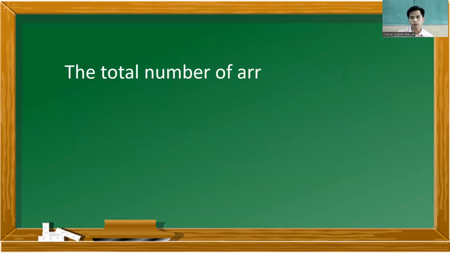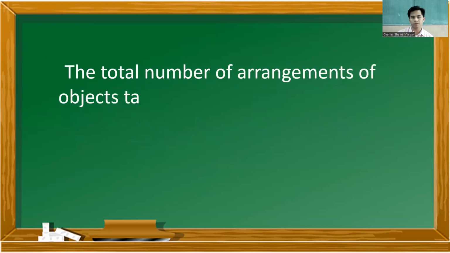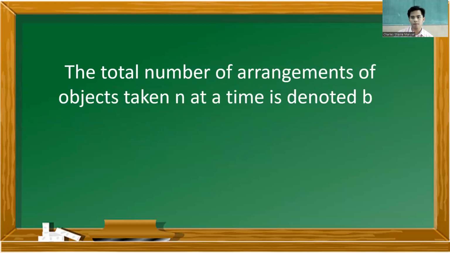Okay, so the total number of arrangements of objects taken n at a time is denoted by nPn is equal to n factorial. So dito sa taken n at a time, it simply means kukunin natin lahat ng objects and i-multiply natin siya.